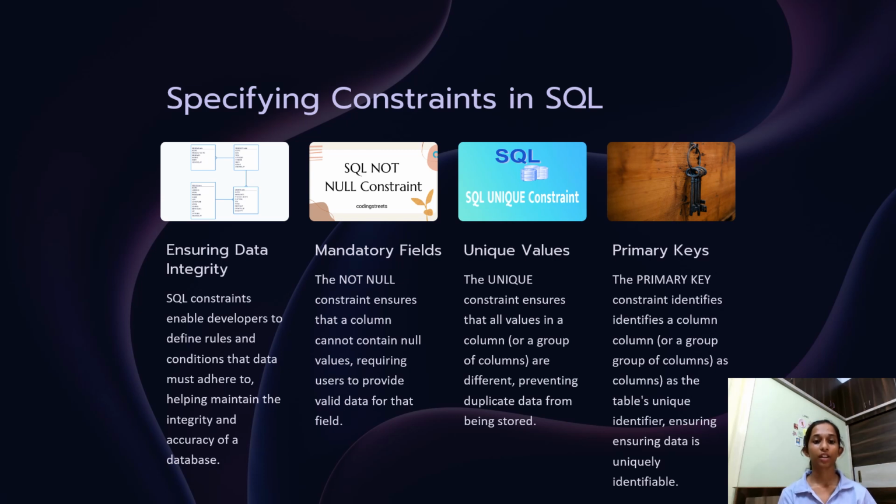The NOT NULL constraint ensures that the column cannot contain null values, requiring users to provide valid data for that field. Unique values. The UNIQUE constraint ensures that all the values in the column or a group of columns are different, preventing duplicate data from being stored. Primary key. The primary key constraint identifies a column or a group of columns as the table's unique identifier, ensuring data is uniquely identifiable.